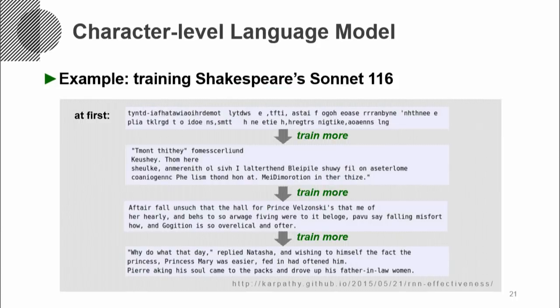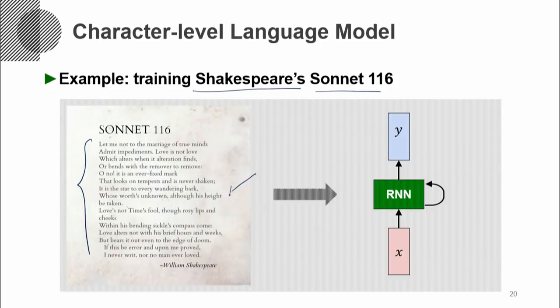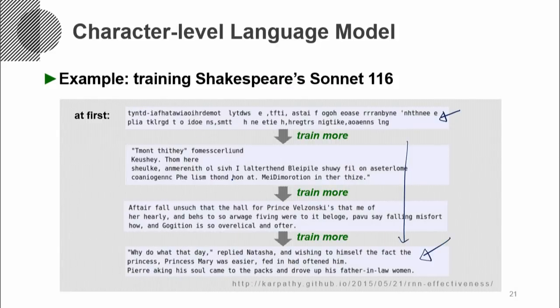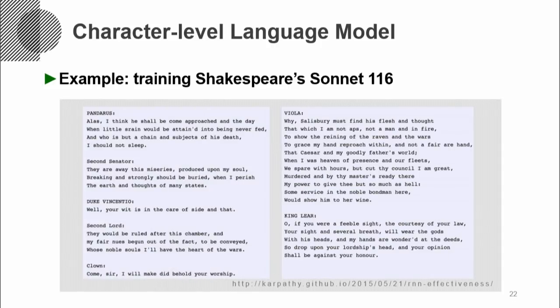And then at the initial stages of training, this is the generated character sequence, which doesn't make much sense. But as we train more and more, the generated character sequences look like a real paragraph based on our training data. And after all, it generates these really nice looking character sequences.